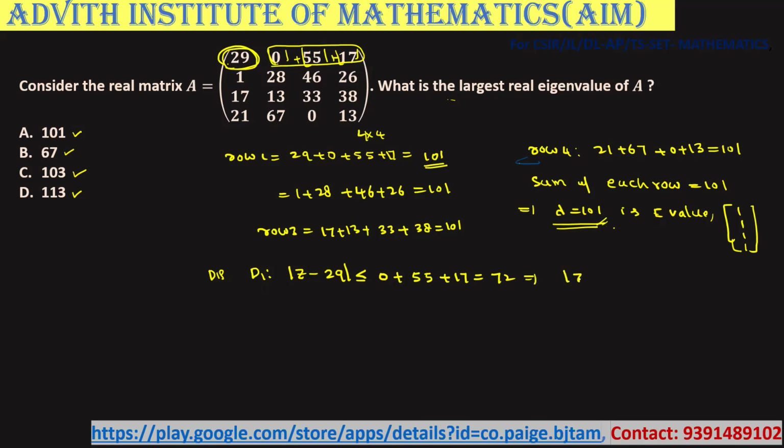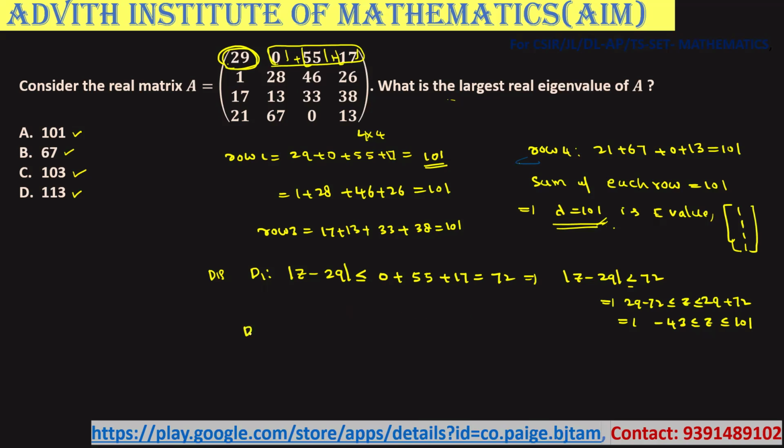So therefore the disk is |z minus 29| is less than or equal to 72. Removing the modulus, 29 minus 72 is less than or equal to z, which is less than or equal to 29 plus 72. Which is equal to minus 43 is less than or equal to z, which is less than or equal to 101. So every eigenvalue lies within the disk.